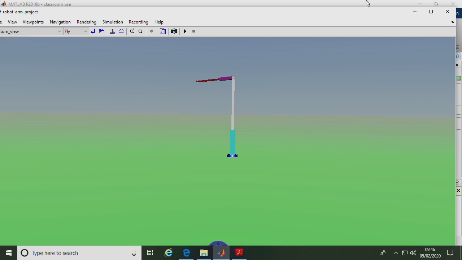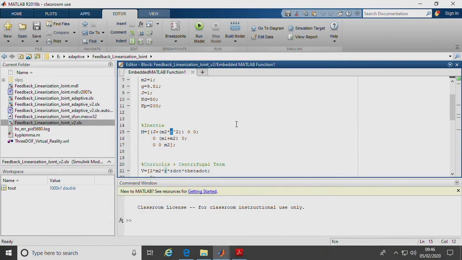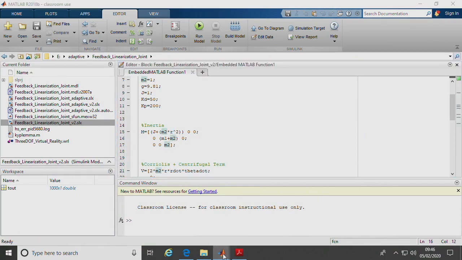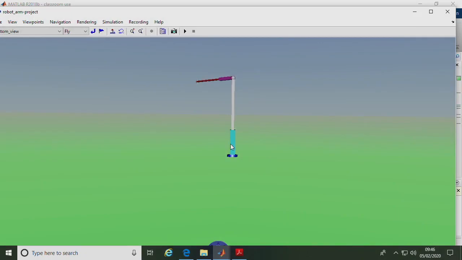And then we have a mass 2. So mass 1 and mass 2 are being lifted through this degree of freedom.